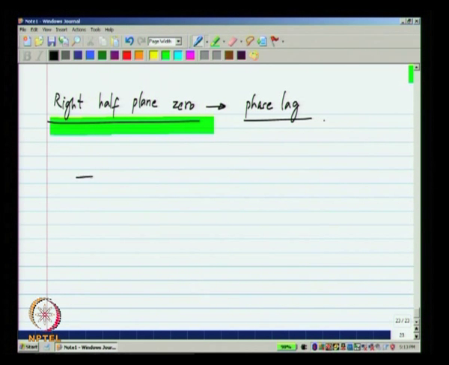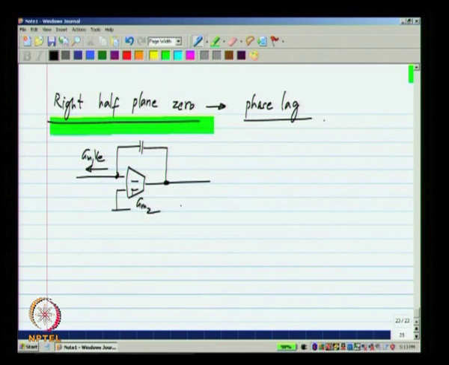We have a current GM1 VE that is supplied by the first transconductor, and that is passed through this current controlled voltage source, which behaves as an integrator. Now, I will neglect all the other components because I want to focus only on the right half plane 0 and not worry about other details.